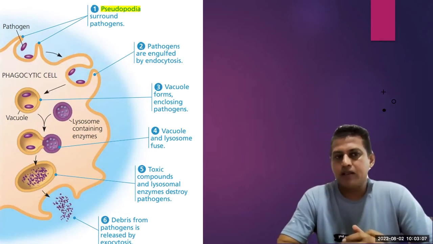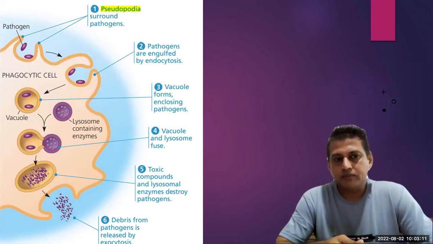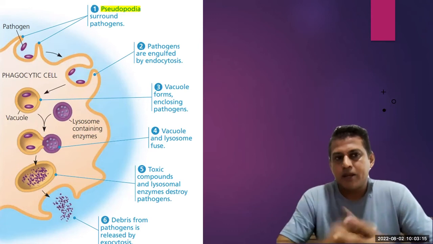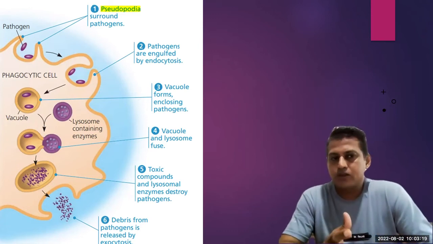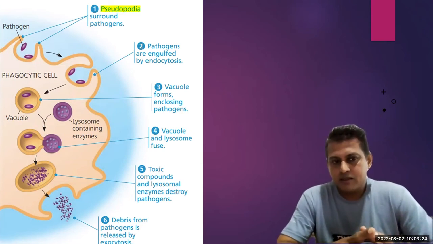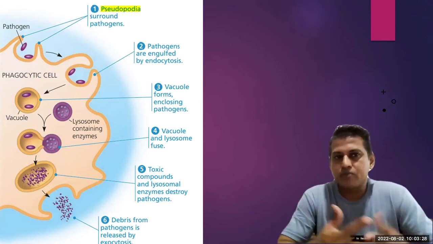For example, if we breathe with the air, pathogens can go to the lungs. Lung is a tissue. So then this phagocytic cell should stay in the lungs to protect the lung tissue from pathogens.